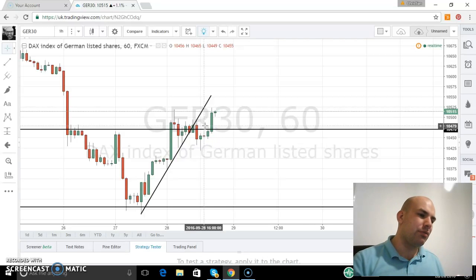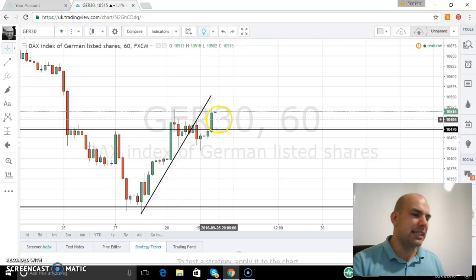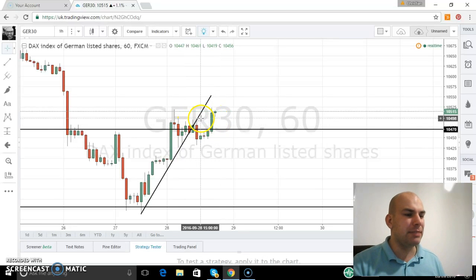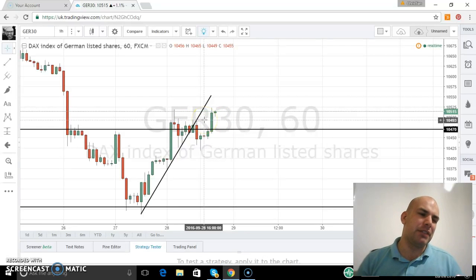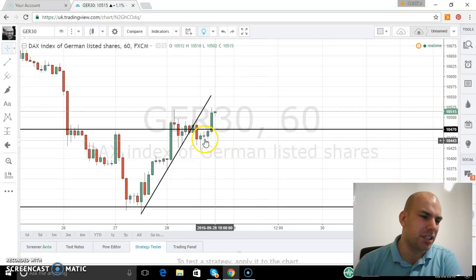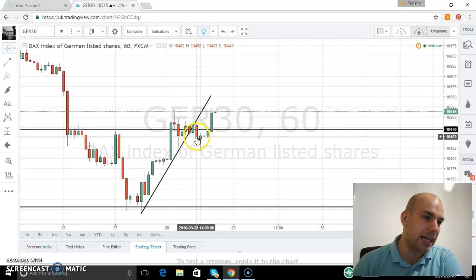By here, it's trying its hardest to get to 10,500. It's had a number of attempts where it hasn't been able to do it, so that gave me an inkling to get out, and I think we got out around the 490-ish region. And as you can see here, after the open, the market just kind of tanked.